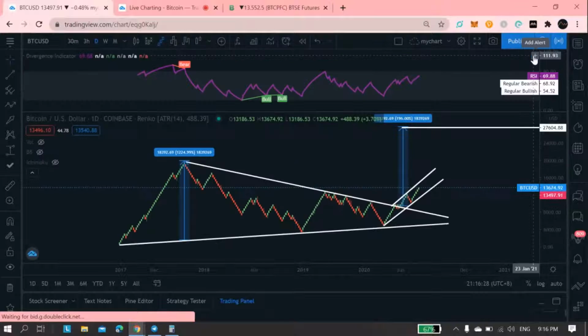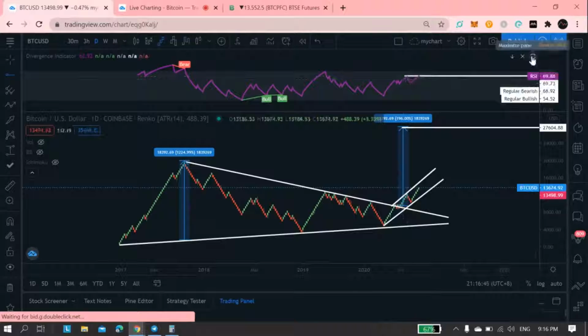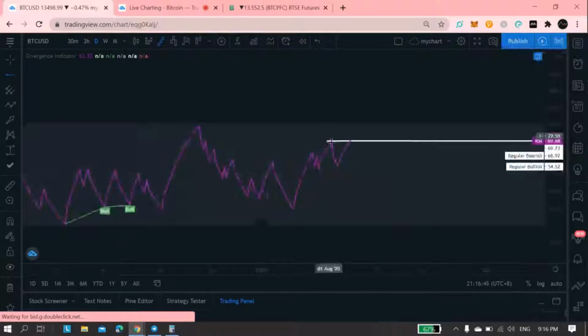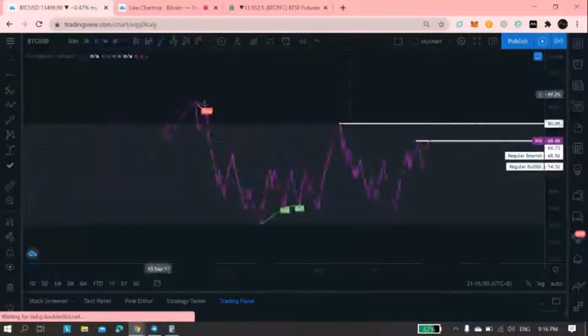Anyway, let's look at this one, the divergence indicator. Currently it's at this resistance area. If it breaks this area, it could possibly retest this area around the 80 area before this around the 90 plus area.